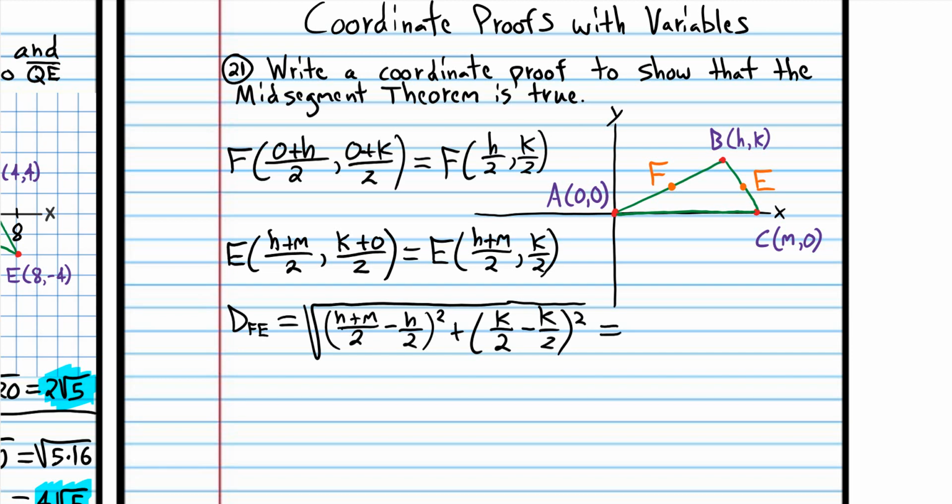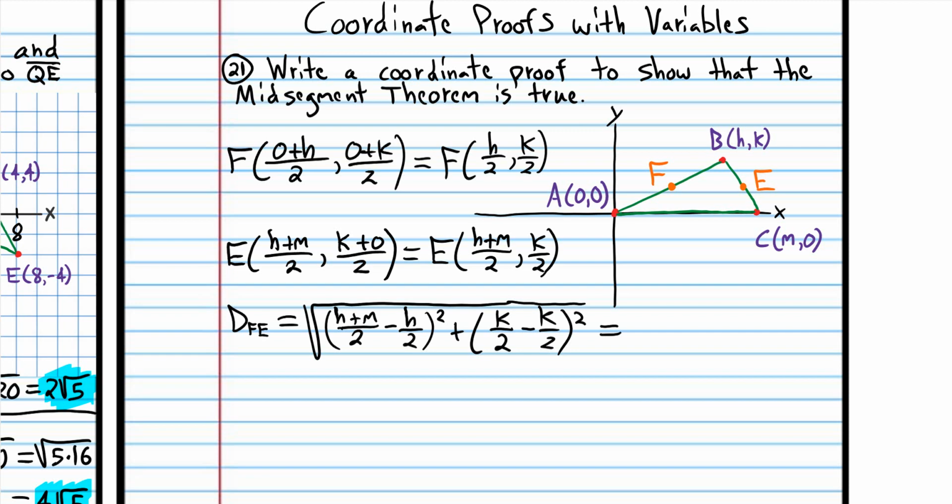Now, we have good news and we have bad news here. The good news is this just cancels out. K over 2 minus k over 2, that's 0. But this here is going to require some algebra that we learned in my beginning algebra course.